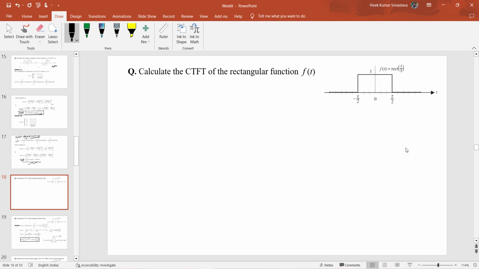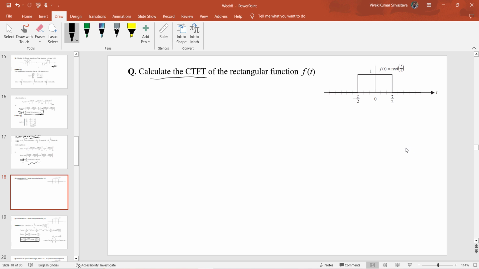Now moving ahead, the next problem is to find the continuous time Fourier transform of a rectangular function. This rectangular function is given to us, which varies from minus tau by 2 to tau by 2, having a value of 1 between them and 0 otherwise.